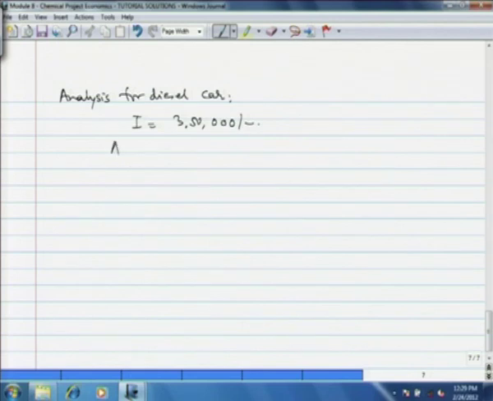So, we assume the average diesel price over 10 years as rupees X per liter. Then mileage is given as 8 km per liter.